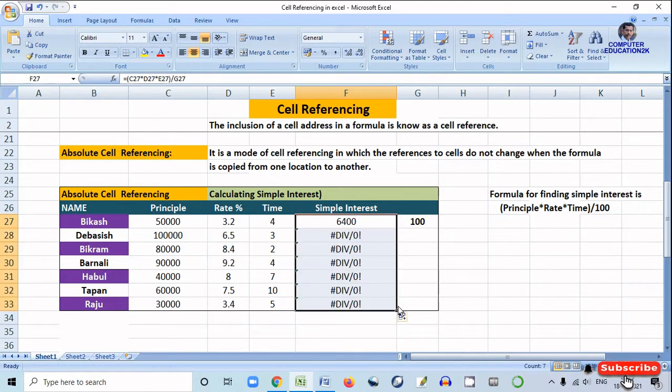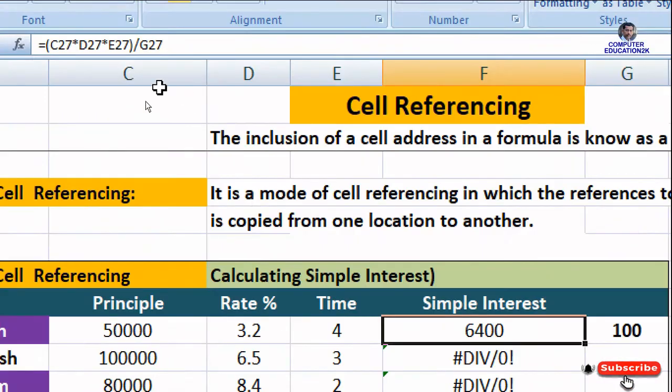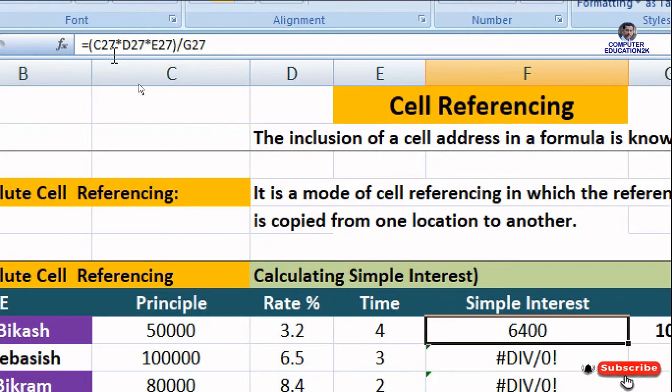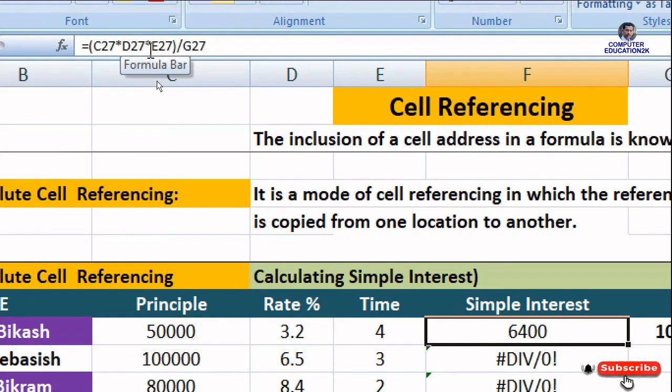Now when you have dragged it down, it is showing the error message over here, because in this cell down, the cell reference has been changed. In this cell, the cell reference or cell number was C27, D27 and E27.